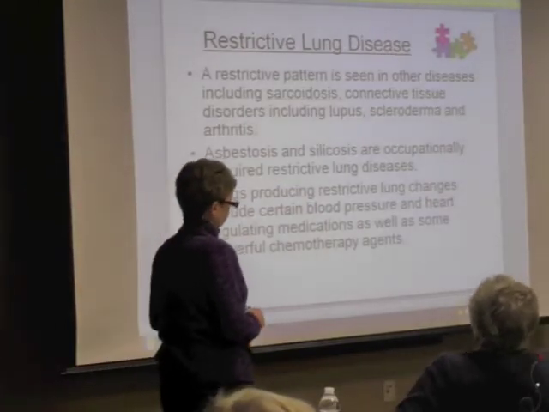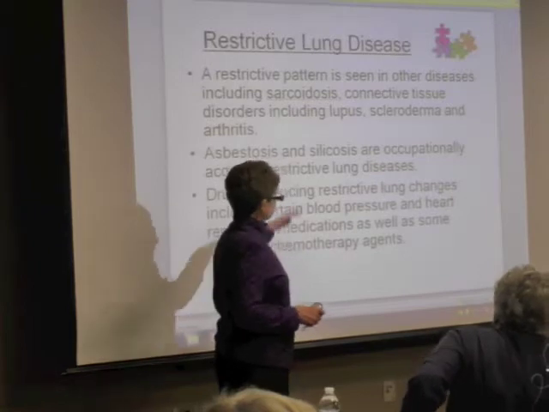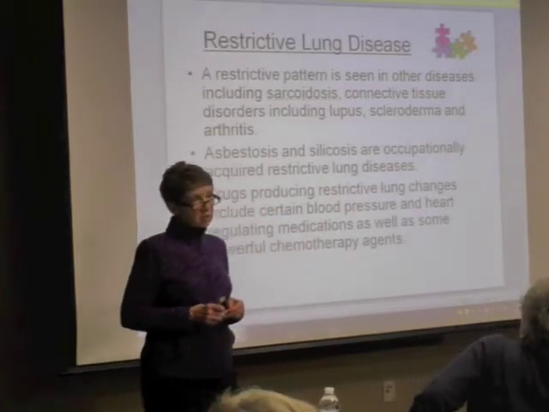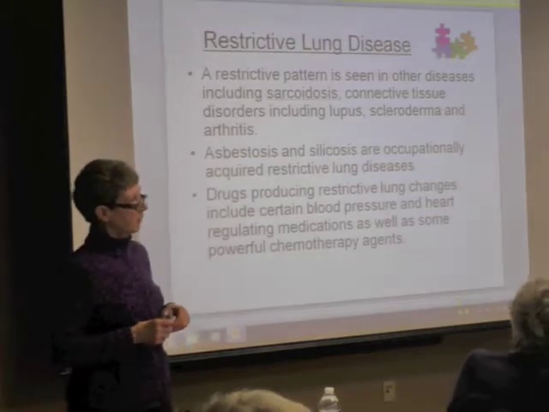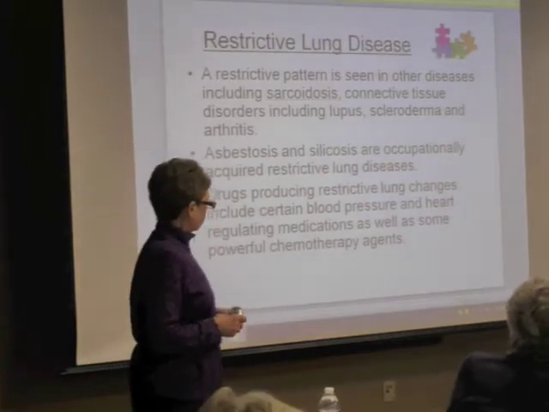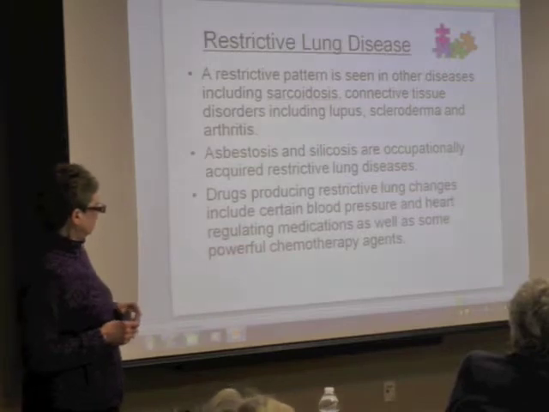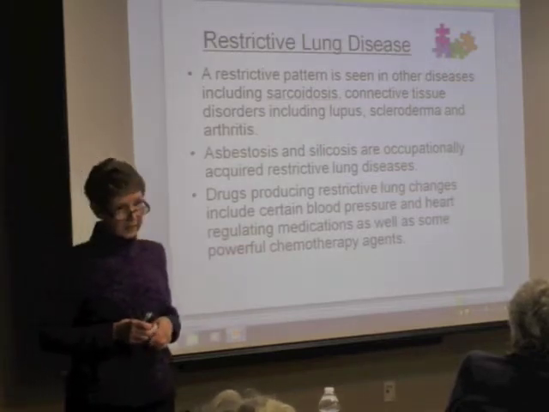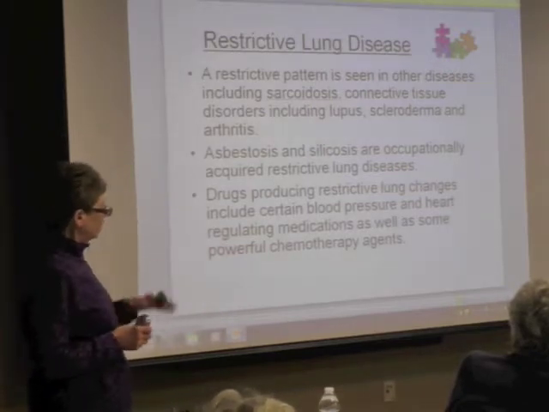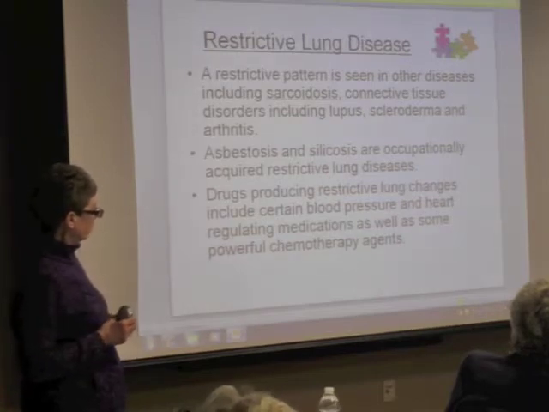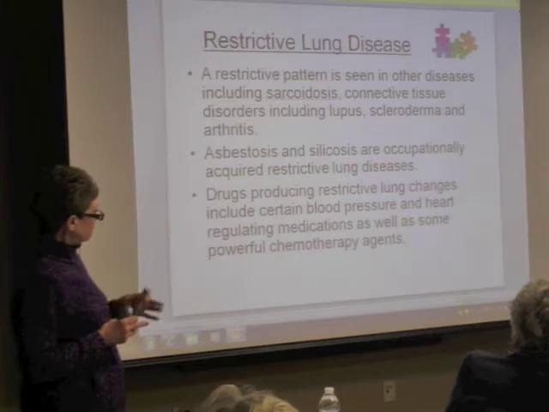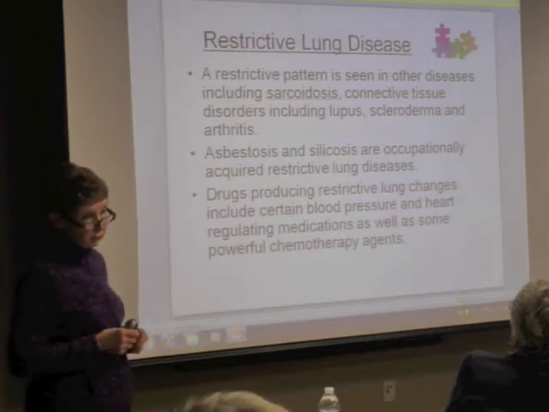You also see restrictive lung diseases in diseases like sarcoidosis, connective tissue diseases, and those are things like lupus. You see it in rheumatoid arthritis, which can affect your lungs as well. Scleroderma, which is a process where essentially you turn to stone.